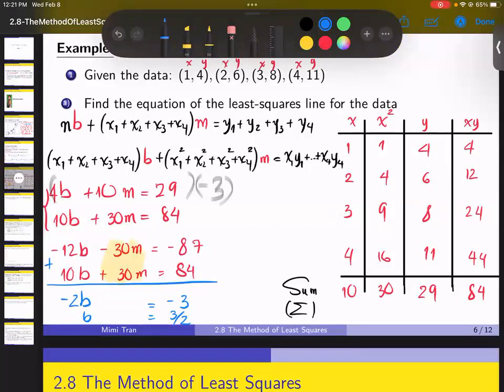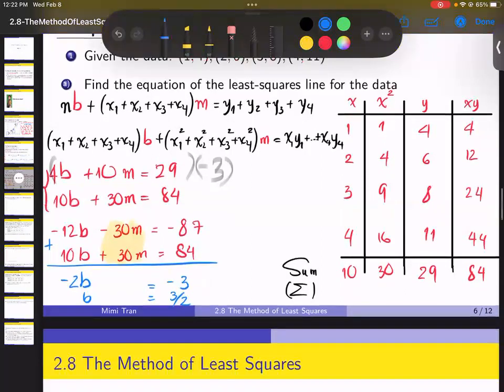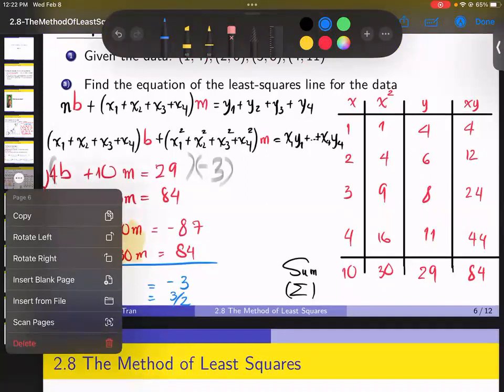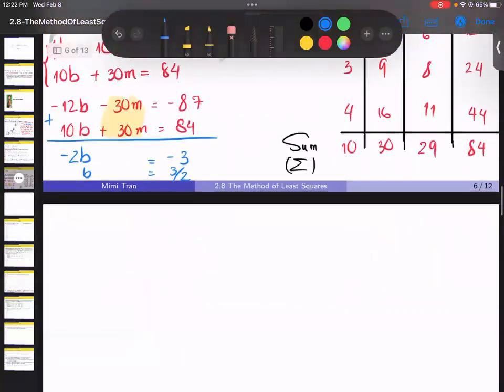Once I have b, I can substitute back into one of the equations. I'm going to pick the first one because it looks smaller. So 4 times 3/2 plus 10m equal 29. 4 going into 2 two times, so 2 times 3 is 6.